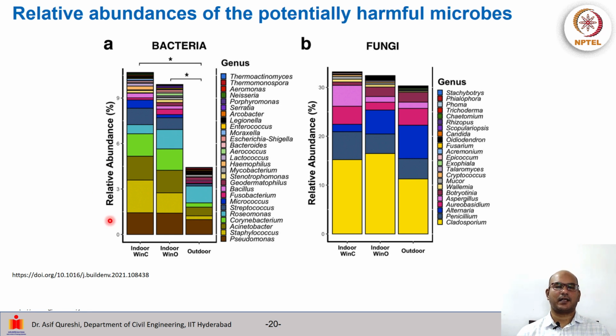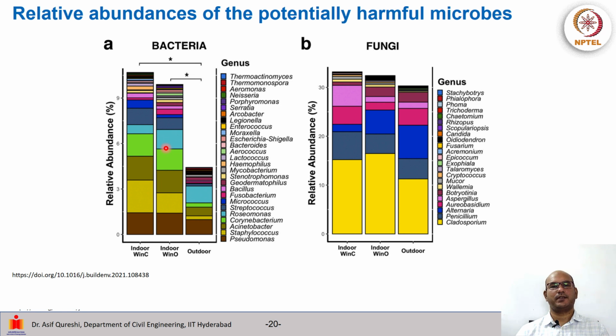And we see that Pseudomonas is quite common indoors as well as outdoors, followed by Staphylococcus, which are much more in indoors, Acinetobacter, Corynebacterium, this green color, then Roseomonas, and then Micrococcus.